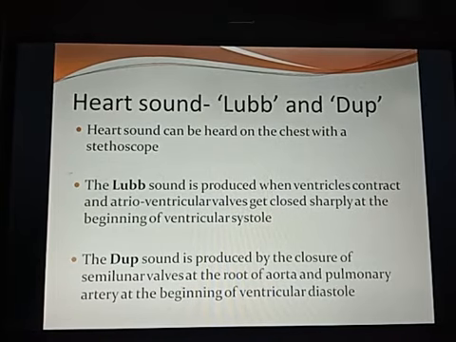On the other hand, the dub sound is produced by the closure of the semilunar valve at the root of the aorta and pulmonary artery. The aorta usually carries oxygenated blood.